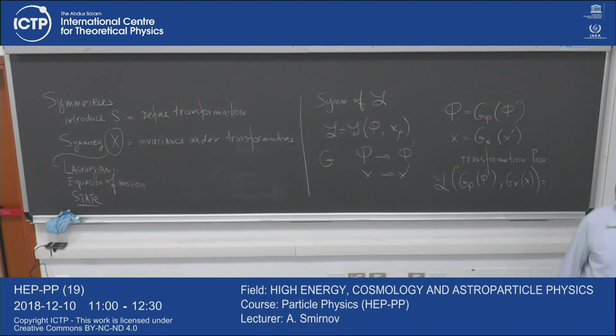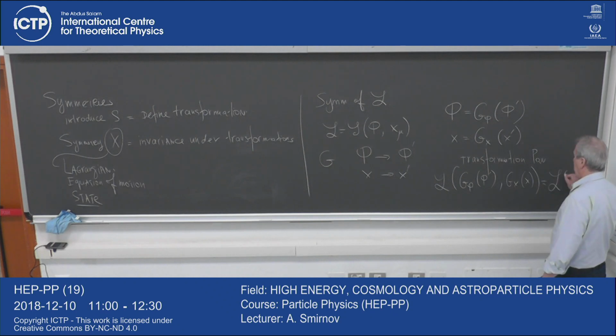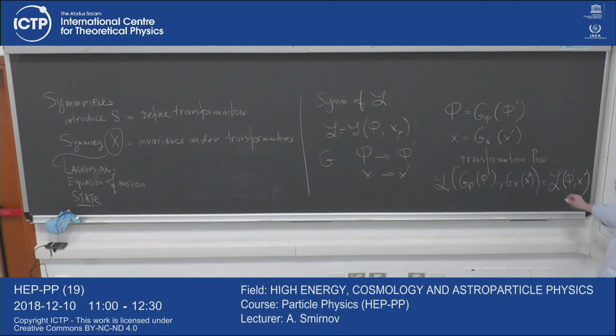And now, if after transformations, we show that this can be reduced to the same form of the Lagrangian, but in terms of, I think it should be prime, the new coordinates and fields, then we are saying that Lagrangian is invariant.